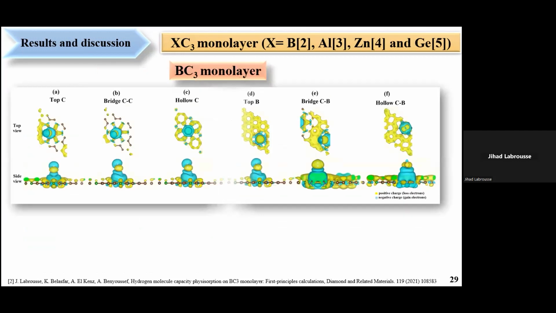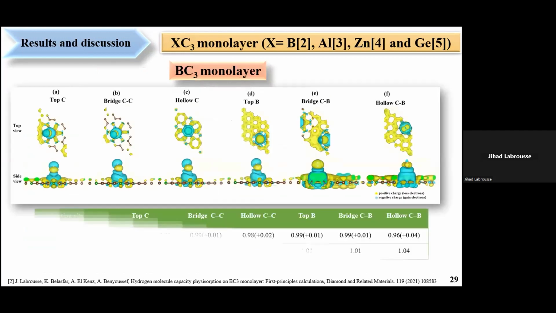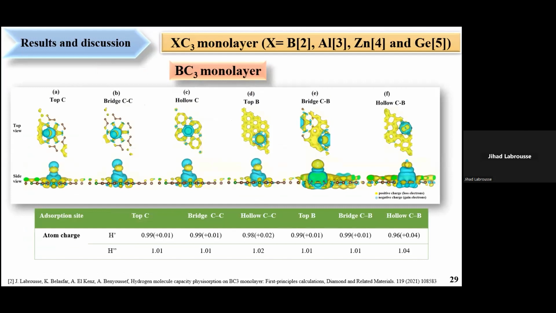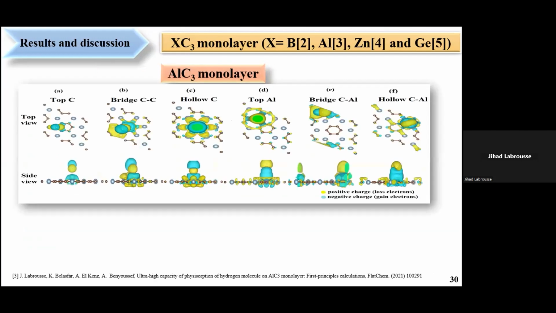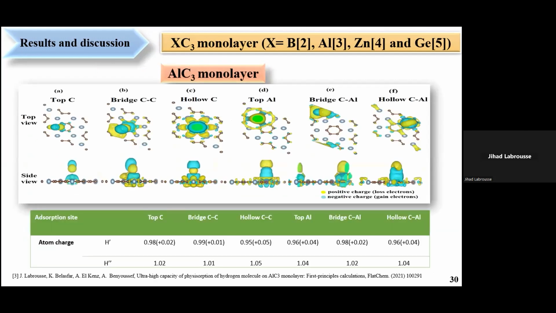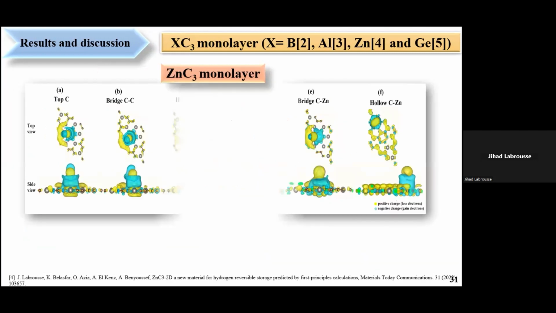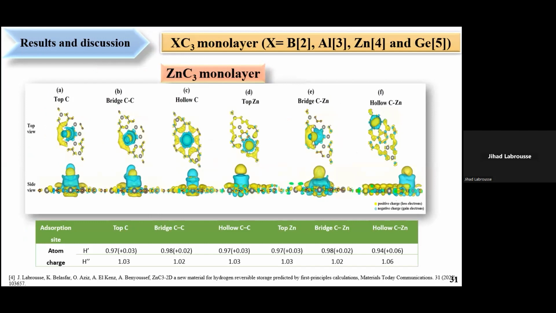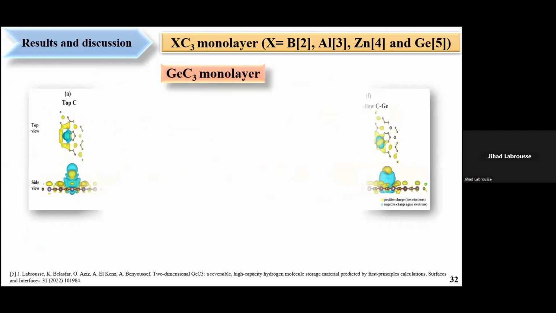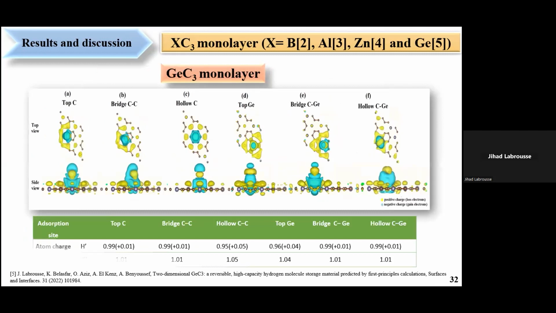We further calculated the density of charge of these materials. The yellow and blue colors indicate the loss and gain of charge, respectively. The negative charge between our substrate and molecule polarizes the positive charge of the lower atom, which means that there is a polarization mechanism happening here.